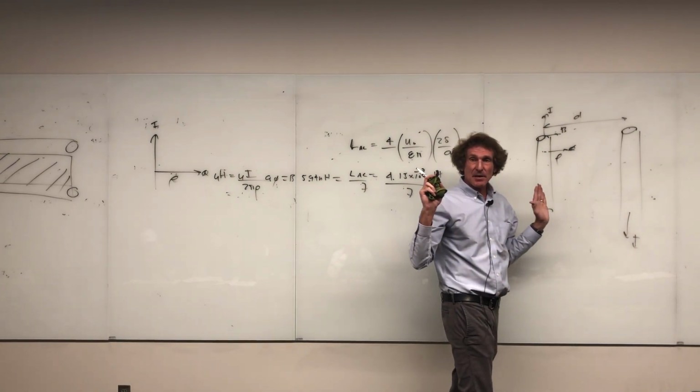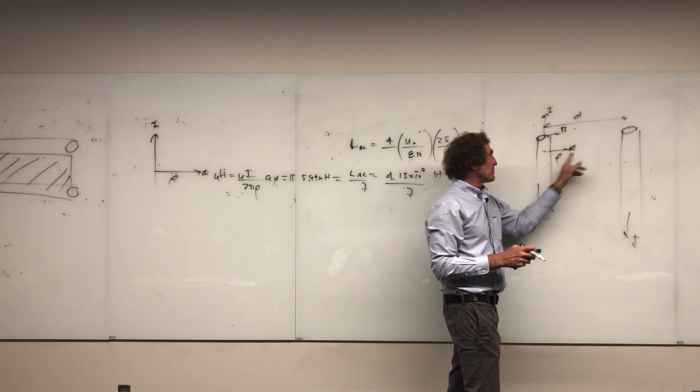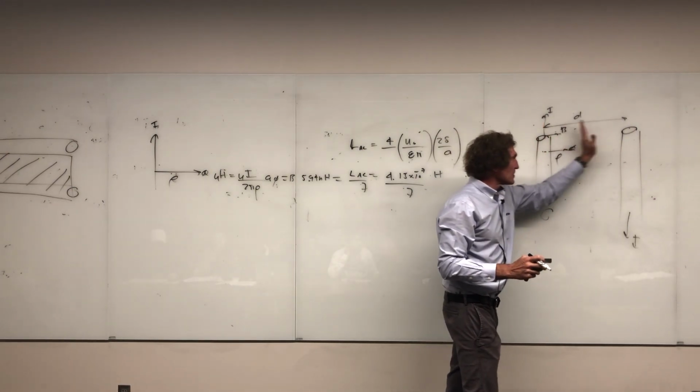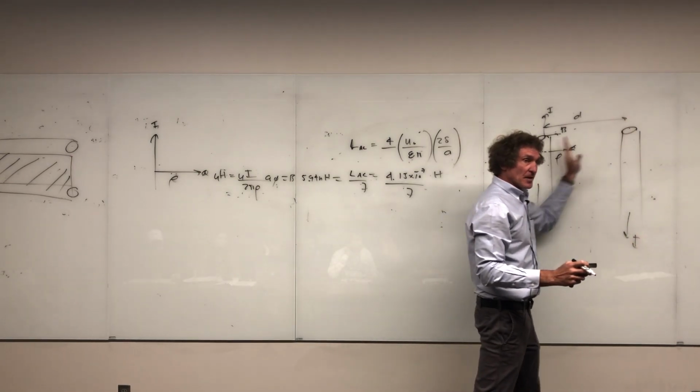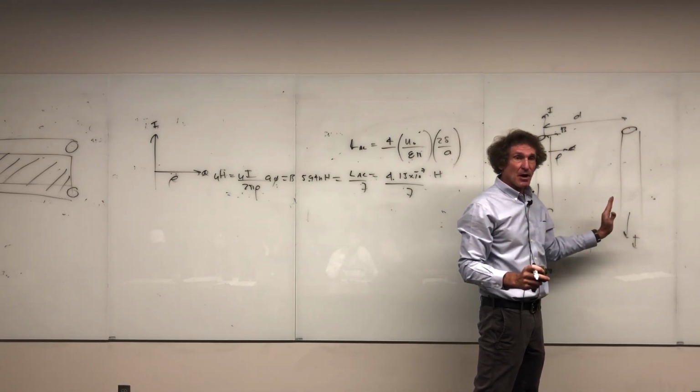Now I can make this case. How many see this? If I integrate the B field from this wire over this region, it will be the same as the B field from this wire over that region. Can you all see that? They're symmetric problems.